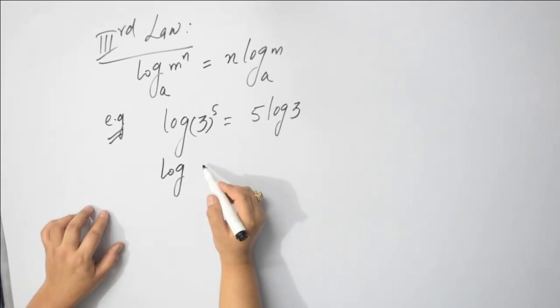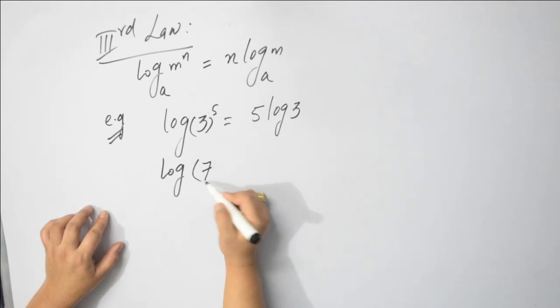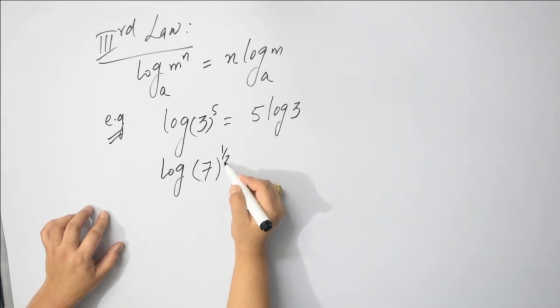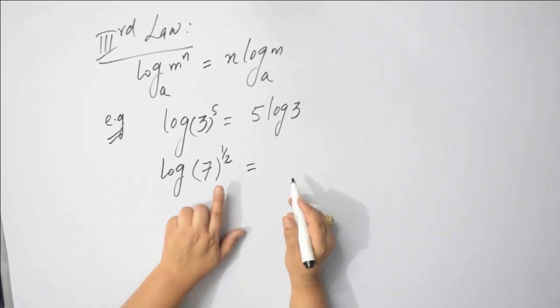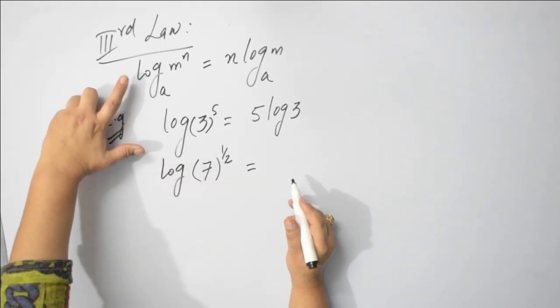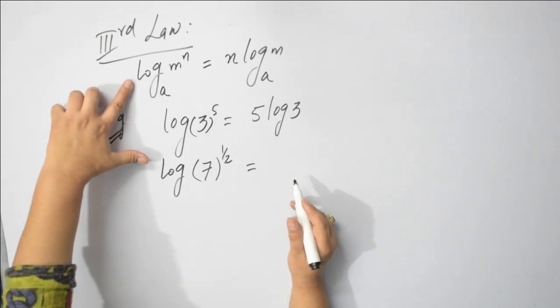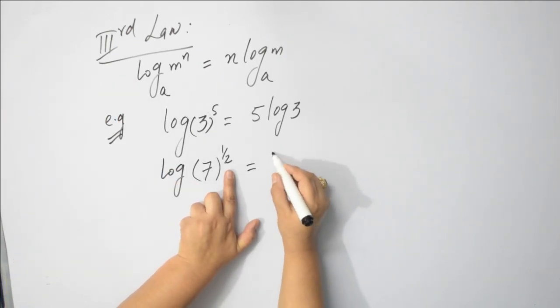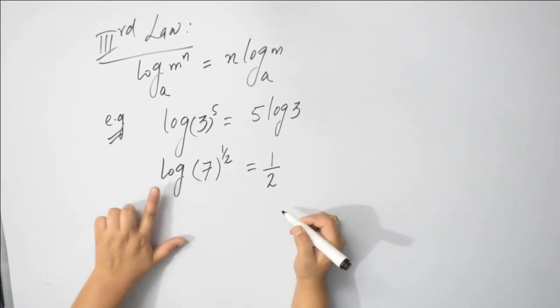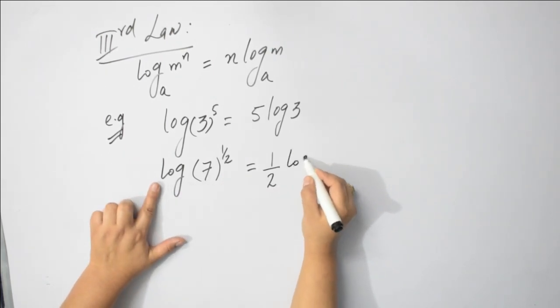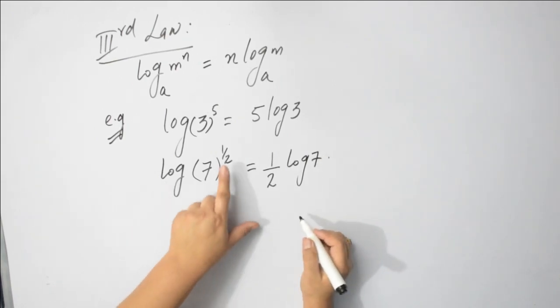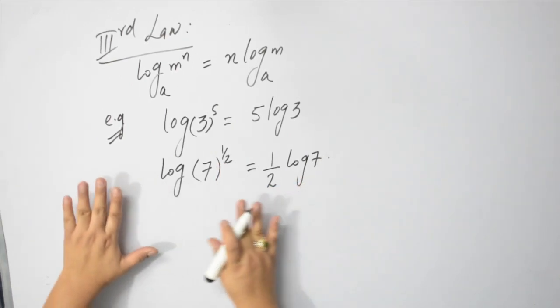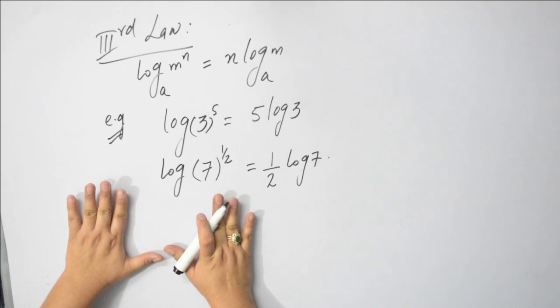Let's suppose log having 7 whole power, let's suppose it's 1/2. According to this third law, the exponent law, you will write the power before log. 1/2 log of 7. So this is your third law, right?